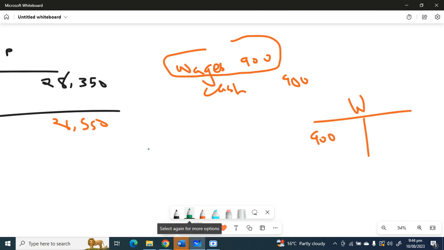We have the drawings account. To remove this 900, which is on the debit side, we have to credit. So we credit wages 900. 900 minus 900, 0. So we've removed the 900 from the wages. Since we've credited wages, we're going to debit drawings. So drawings has to have a 900 here.